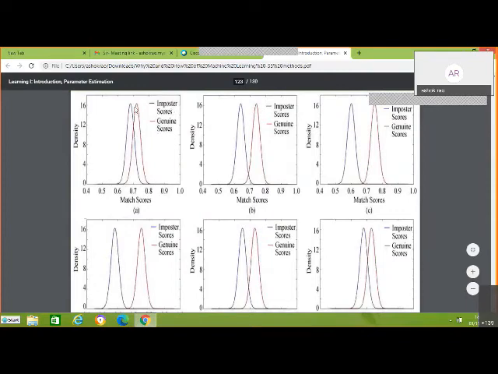Single mixture, 1 Gaussian. Can I pass a simple classifier to separate both without much error? A lot of error here. If I separate here, this part goes here, this part comes here. 2 mixtures, that is 2 models.